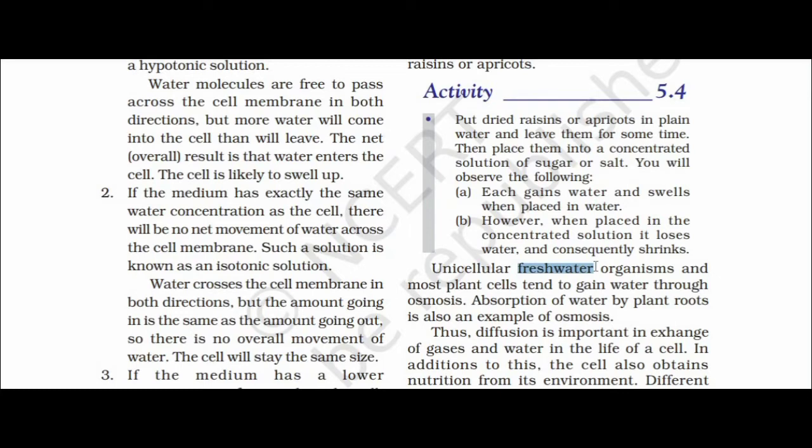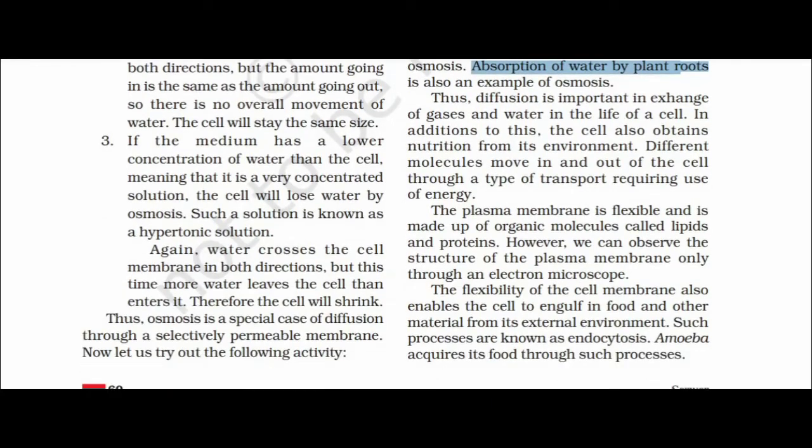Because inside the unicellular organism the water concentration is low. Absorption of water by plant roots is also an example of osmosis. How come? Because what is absorbed by the plant roots? Water is absorbed by the plant roots, and this is only possible because of osmosis.